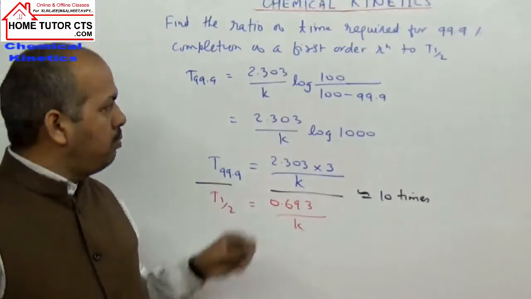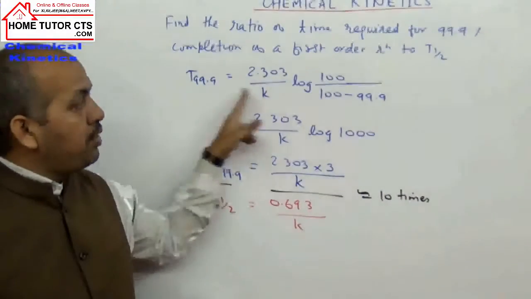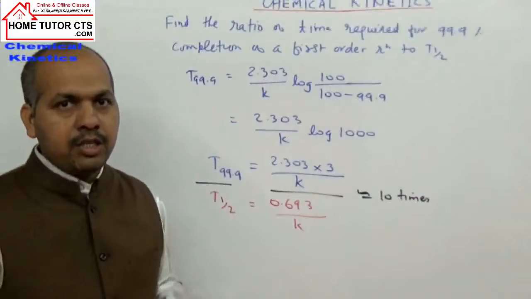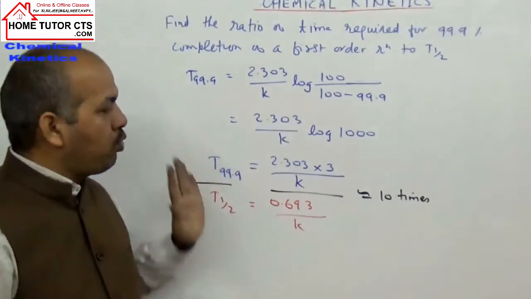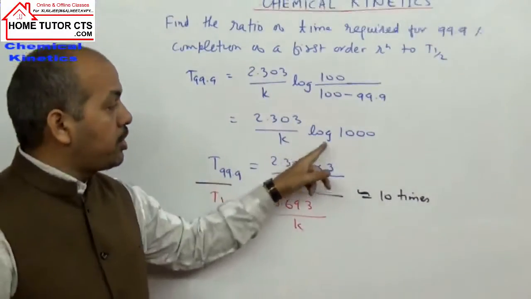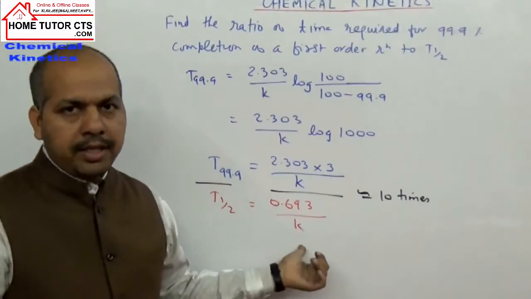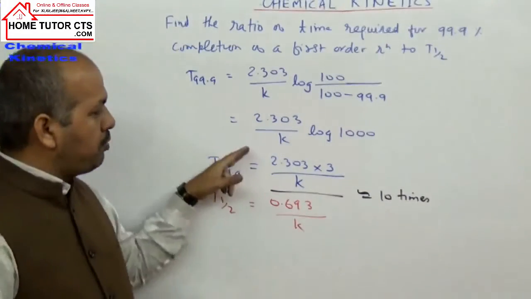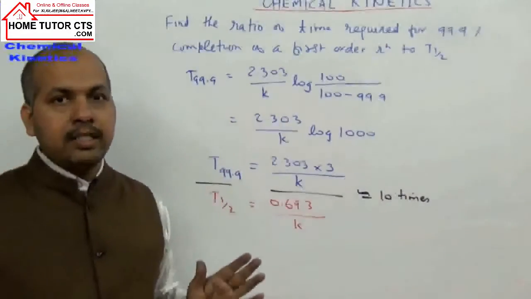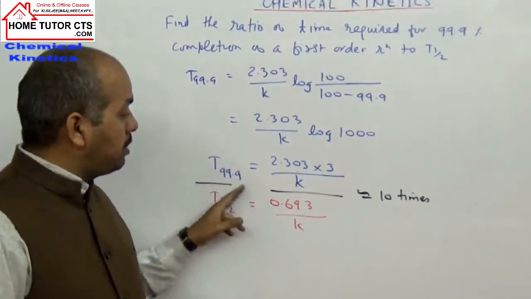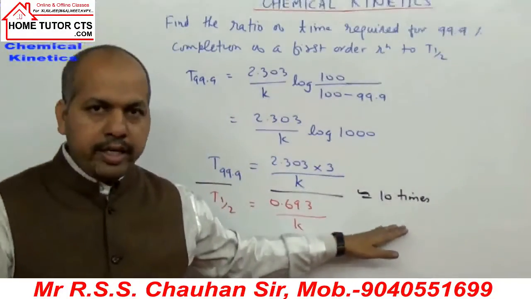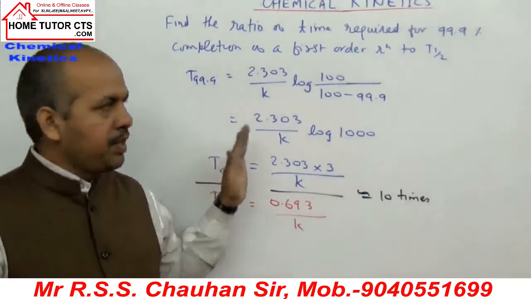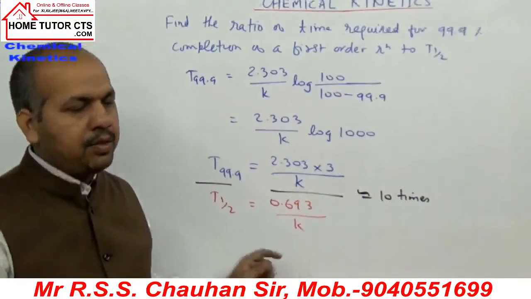Whenever n is not a whole number, you can use the basic expression of first order reaction, from where you can find the time required for that much reaction completion. T half का expression same रहेगा. So the ratio of time required for completion of that percentage of reaction to T half you can calculate from here. I hope it's clear. Okay.